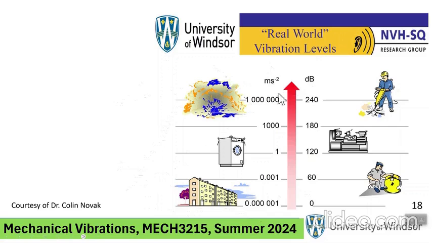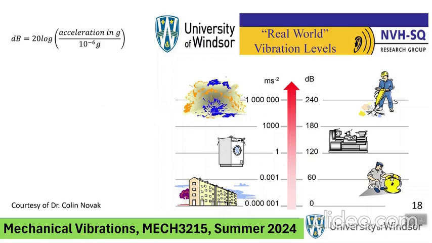If you look at the washing machine, for example, the level of acceleration can be associated with 1 meter per second squared. During an explosion, a very violent event, the acceleration can be associated with it as 1 million. So this is a reference, nothing happening. This, for example, a doomsday situation.